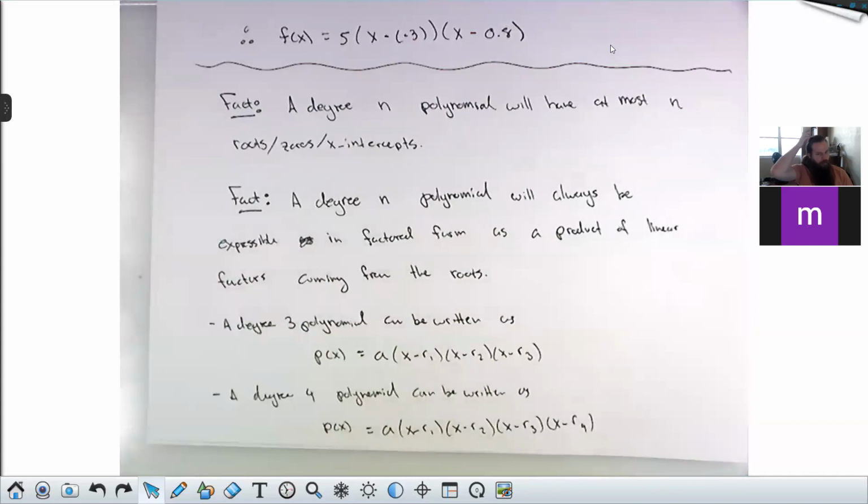When we talk about the factored form of a polynomial in general, this is what we're talking about, right?